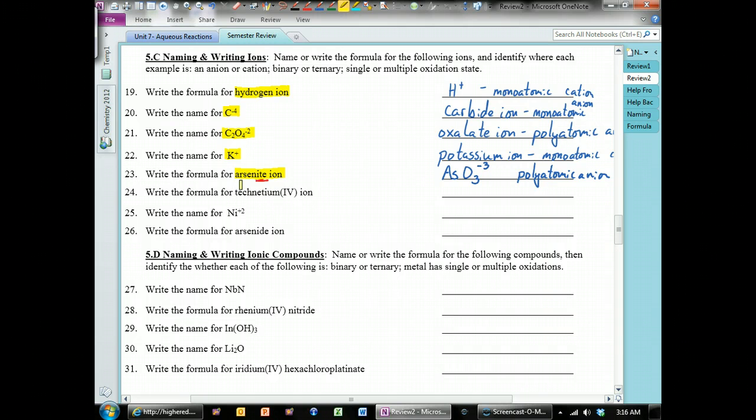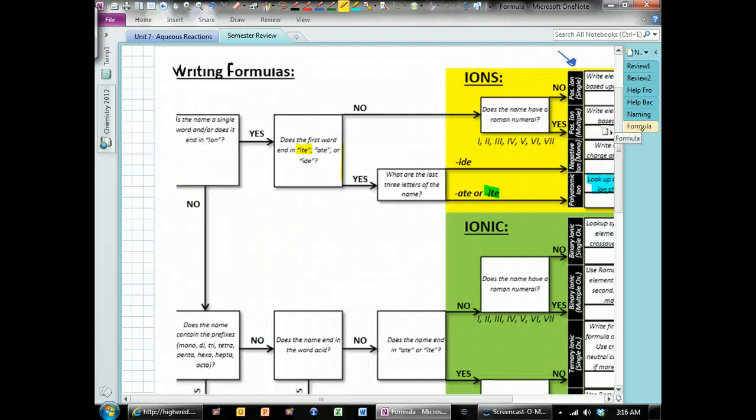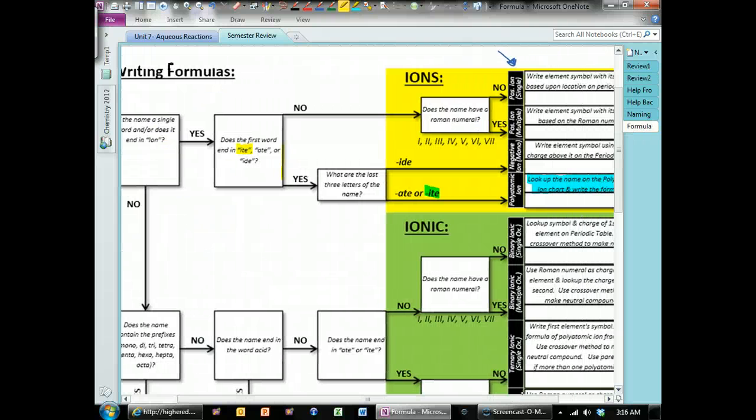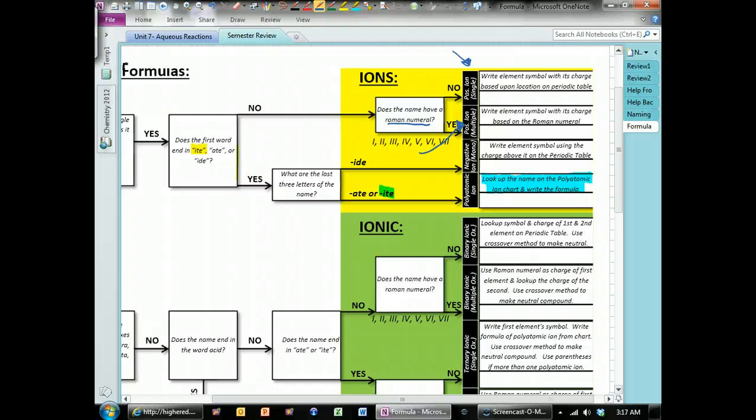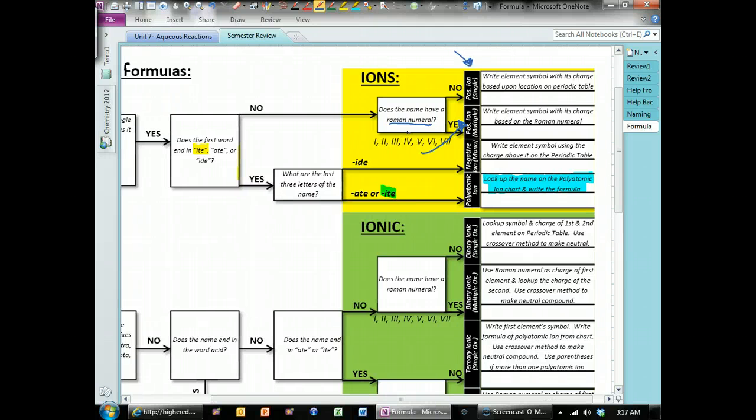Technetium, Roman numeral 4. The Roman numeral always indicates the charge of the atom. So when we go to writing the formula, we end up in this box right here because it has a Roman numeral in it, and it says write the element symbol with its charge based on the Roman numeral.